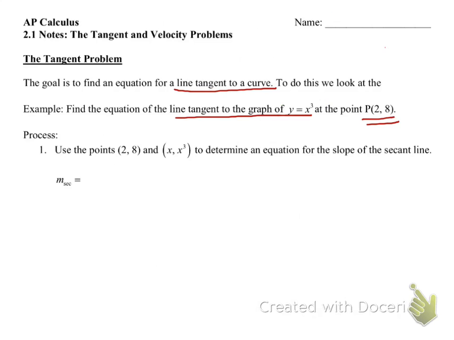So we're looking for the slope of the secant line given these 2 points: (2, 8) and another point that's just any random point on the curve x cubed, where the x value is x and the y value is x cubed. So we know that to find the slope, we take the difference in the y's over the difference in the x's.